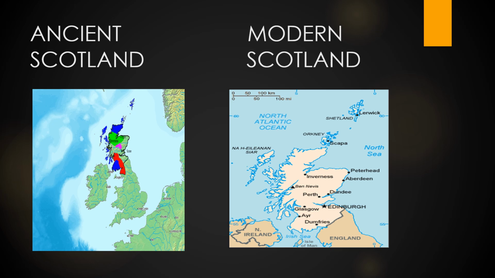But what you will notice is Inverness was in the ancient Scotland map. Inverness is on the left hand side, okay, but it is near the coast. That's clear. And here in the map of modern Scotland, you have Inverness more or less in the middle, but still it is near the coast.